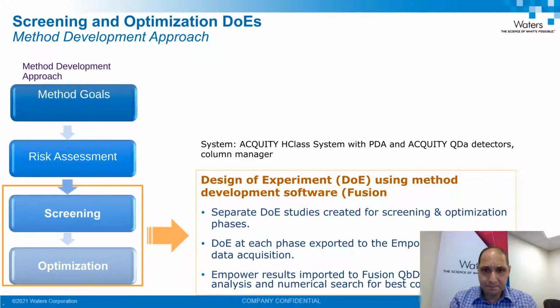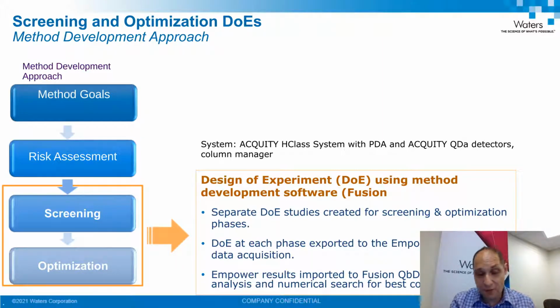The next step within Fusion software is screening, and at this step, what we typically do is screen the most important chromatographic variables, the highest risk factors for the performance of the method.